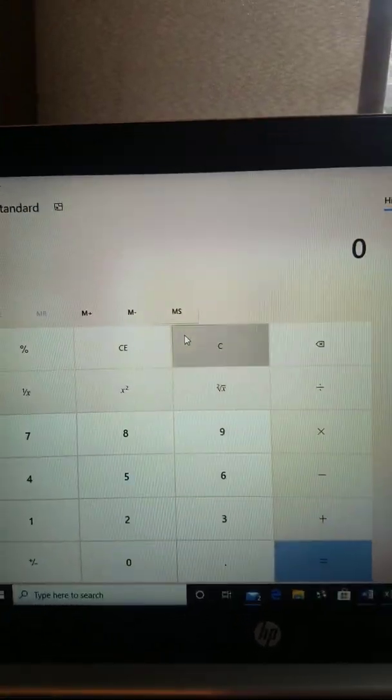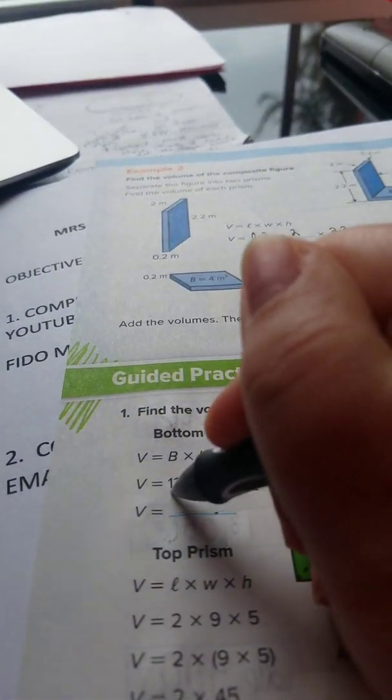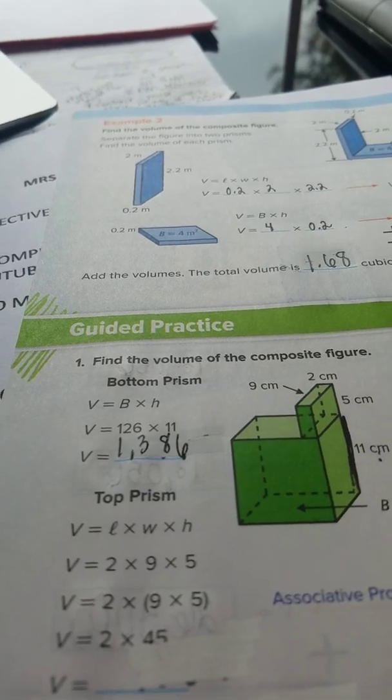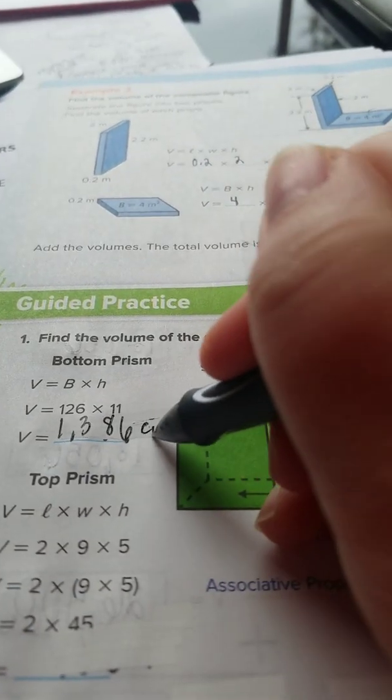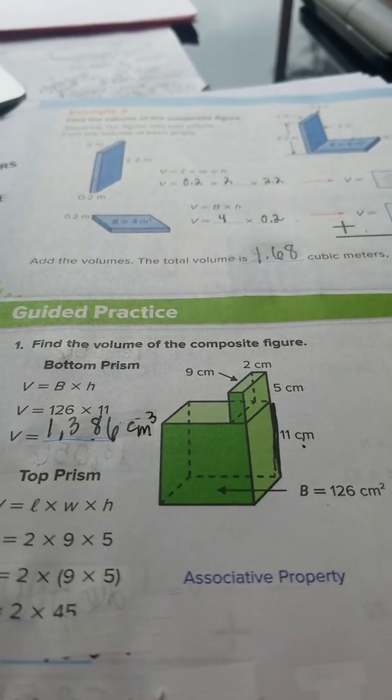So again, I'm going to clear everything out. 126 times 11 high. I get 1,386. And that is cubic centimeters for the bigger rectangular prism.